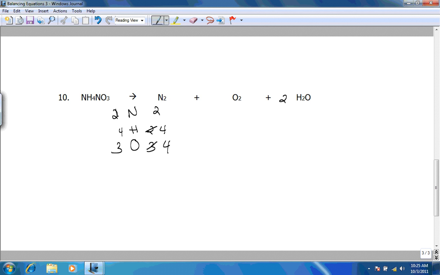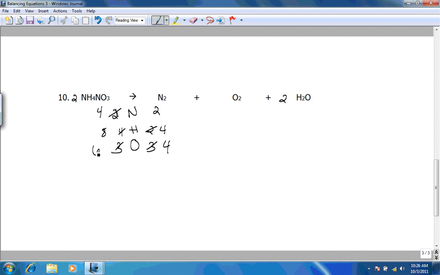Alright, so that's obviously not going to work because of this right here. So I'm going to multiply this side by 2 because it will most likely be an even number. So we have 2 nitrogens times 2, we have 4 nitrogens. We have 8 hydrogens.